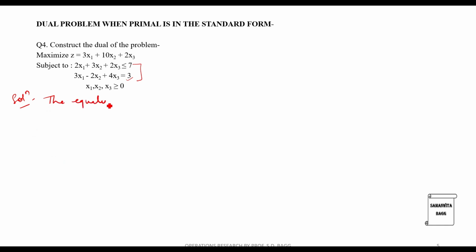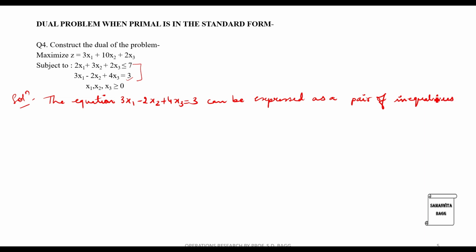the equation 3x1 - 2x2 + 4x3 = 3 can be expressed as a pair of inequalities.